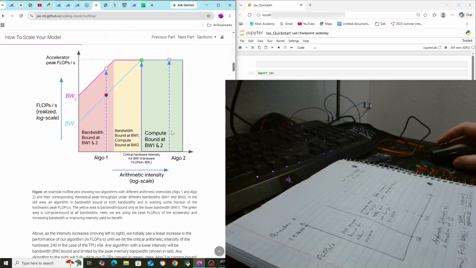The other thing in the diagram I'm wondering about. So they only really give us one bandwidth, I think.